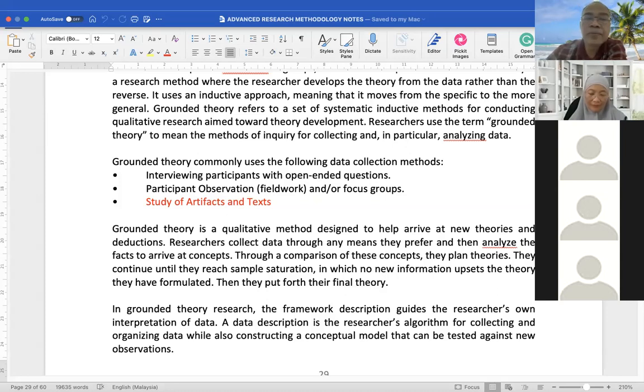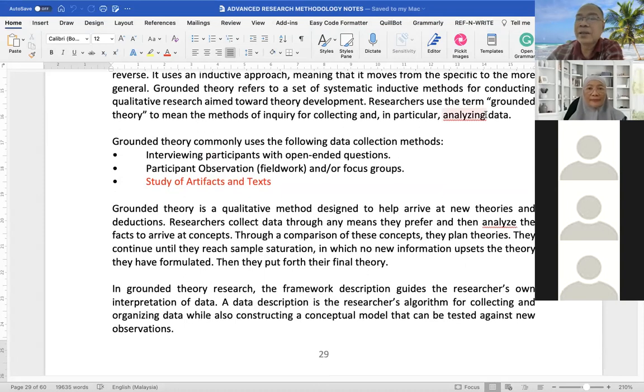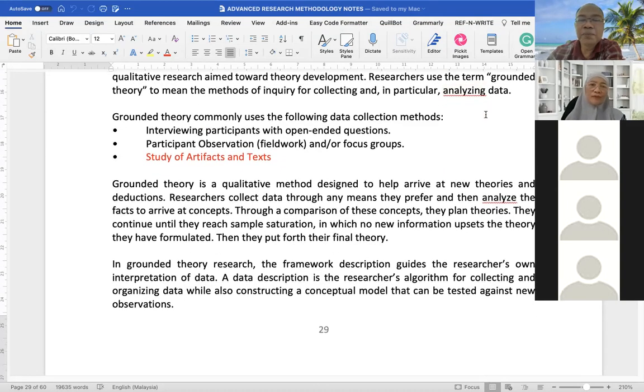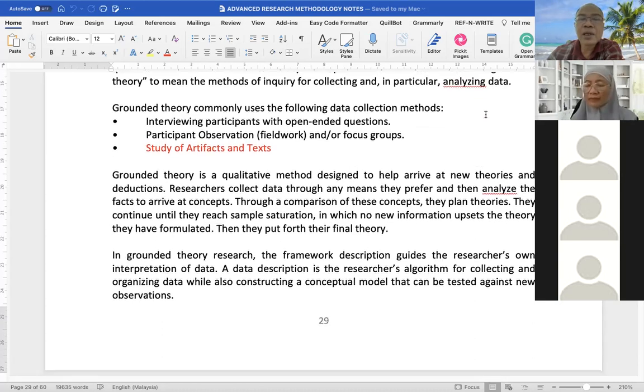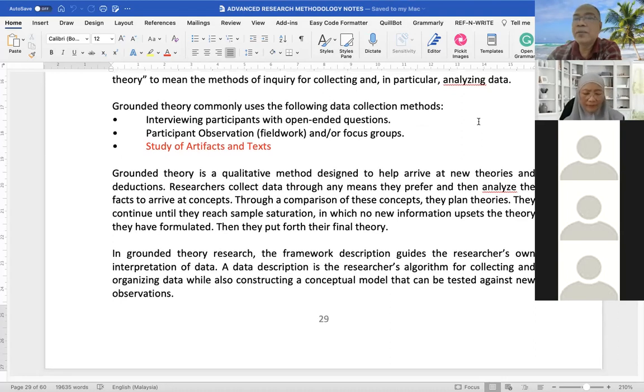So sometimes this grounded theory takes a long time. Usually it takes a long time because after collecting the data, they need to form a theory, and then sometimes the process continues.